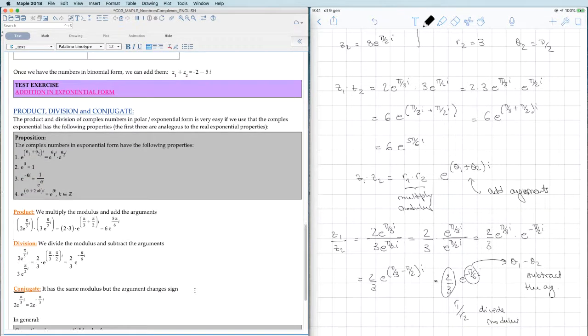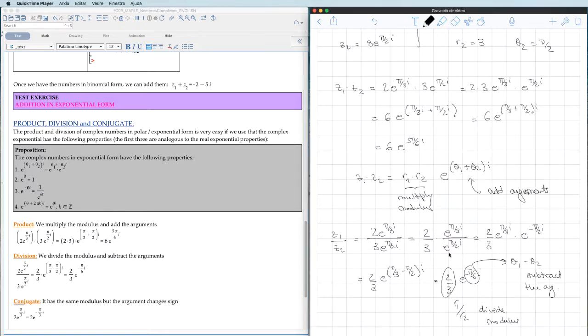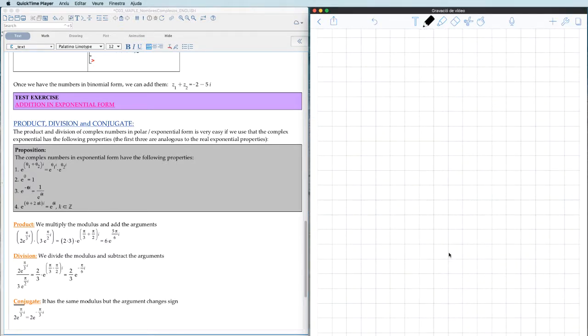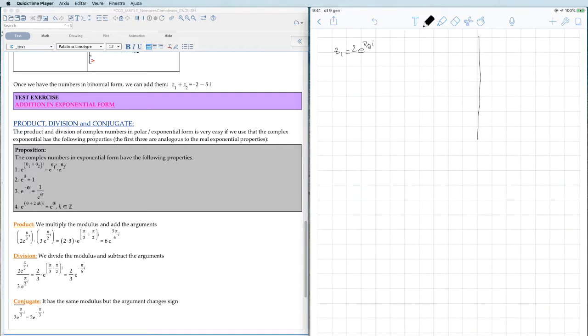And what about the conjugate, the third property? So if we are given a number which is 2e^(iπ/3), we can make a plot of this number. It's going to be 2 and π/3. I think that is something like this. So this is going to be equivalent to a number a + bi. Okay, and when we conjugate, we keep the same a and we put minus b.